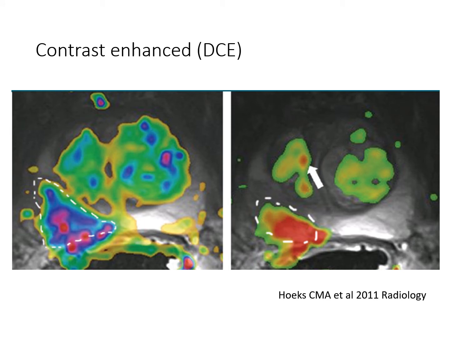And then the third main sequence that we use is the contrast enhanced images. What we do for that is we give the bolus, and we have multiple acquisitions which are quite short in time of acquisition, so it's a high temporal resolution.